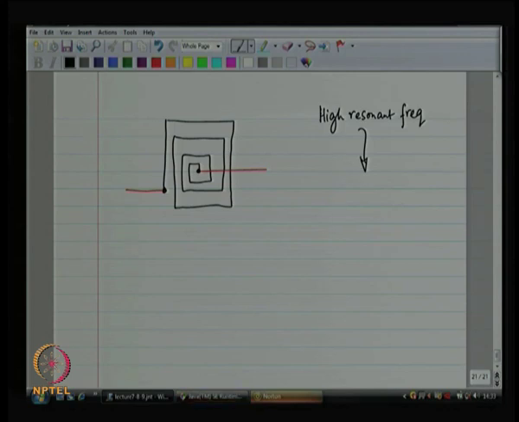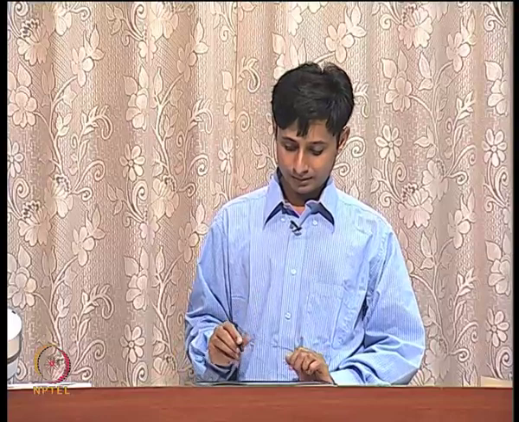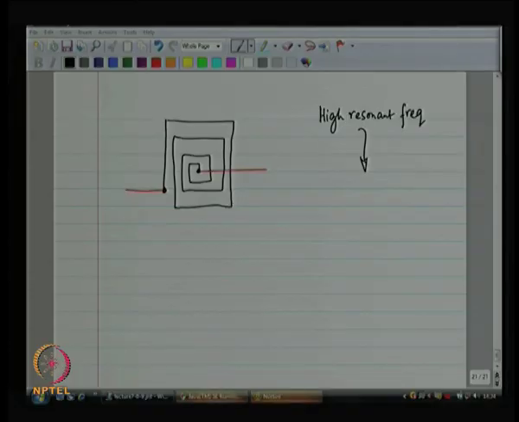First of all, you have to reduce the parasitic capacitance to ground. Ground is the substrate. So, to do that, what do you need to do? You need to use the topmost metal layer.